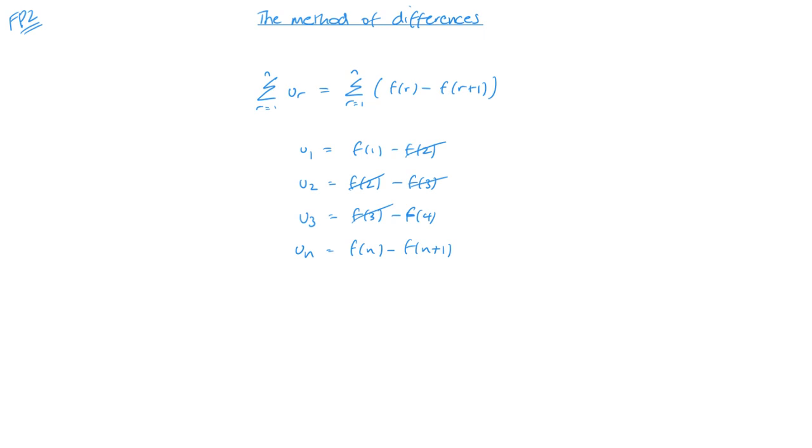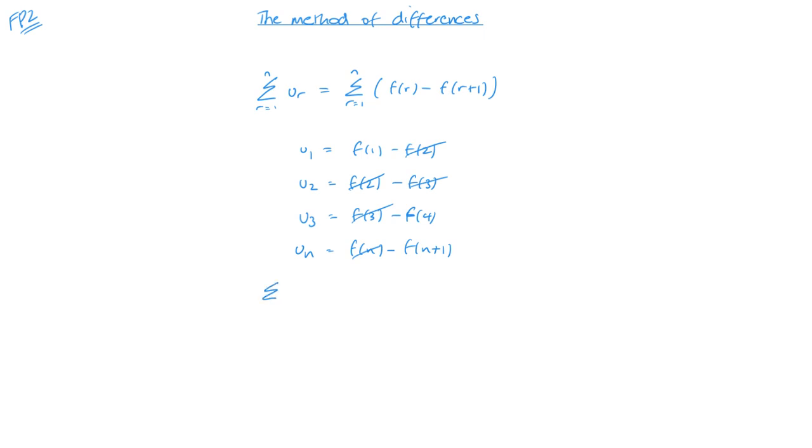Each of these are going to cancel all the way down, like the f of 4 will cancel with the f of 4, all the way down to the f of n cancelling with the f of n, leaving me with f of 1 minus f of n plus 1.